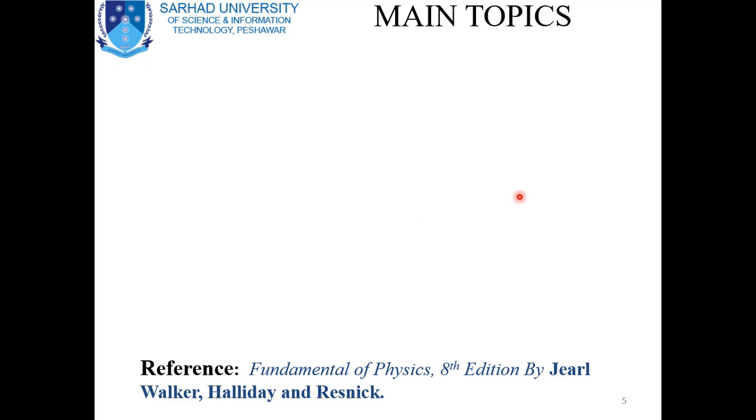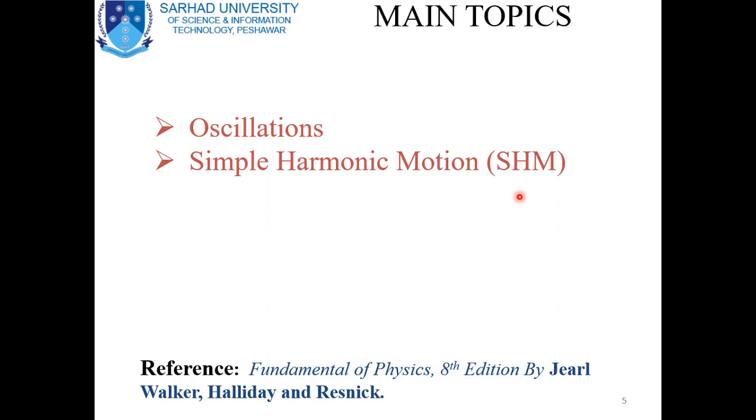The main topics of this lecture are: oscillation, where we will define oscillation with some examples; simple harmonic motion, a special type of oscillation, which will be defined in terms of acceleration and force; and the parameters of simple harmonic motion, where we will discuss the necessary parameters.